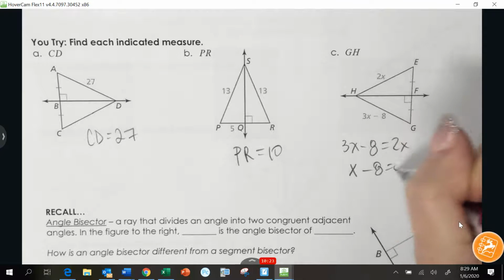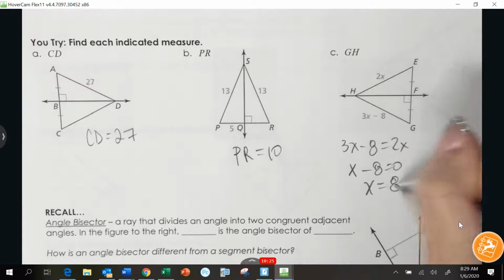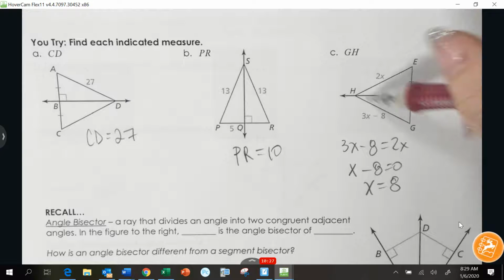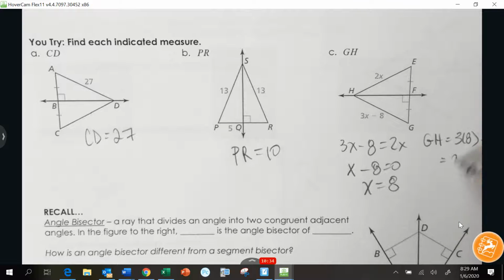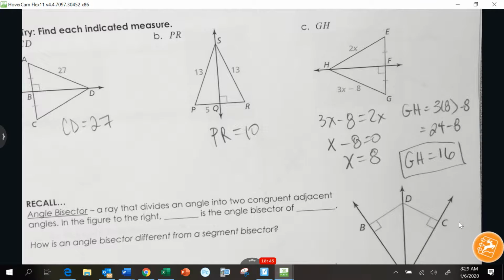X minus 8 is 0, so x equals 8. We're finding GH, so we've got to plug that in. Times 8 minus 8. Did I make a mistake yet? Am I doing okay? That's what you did. 16. Okay.